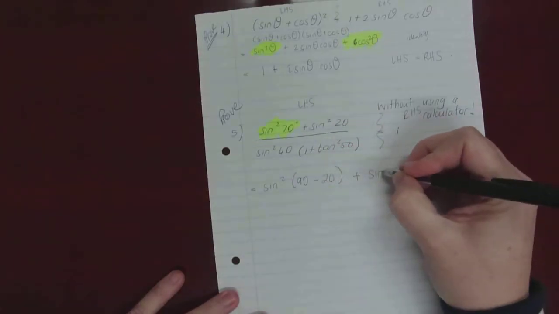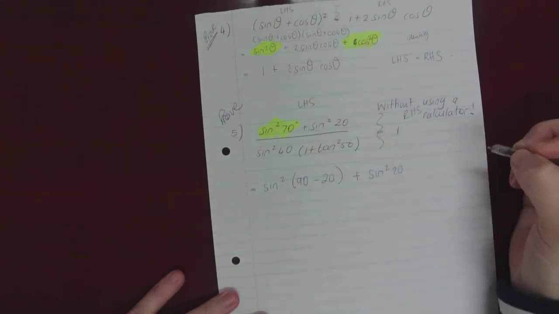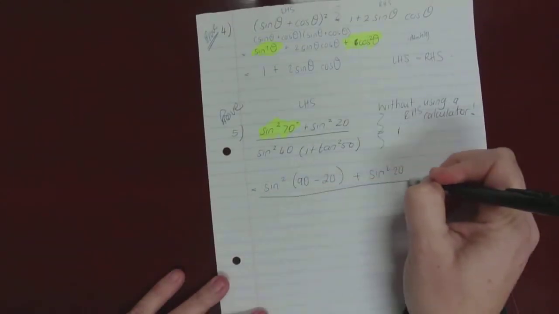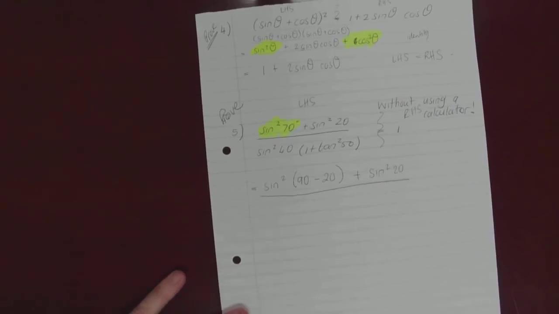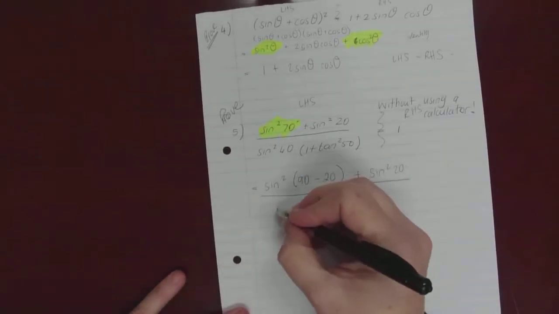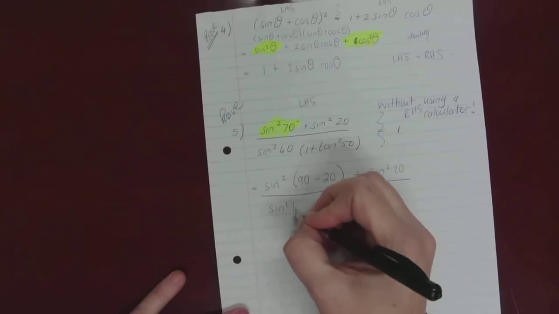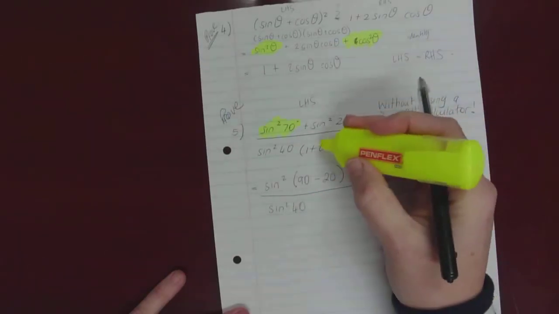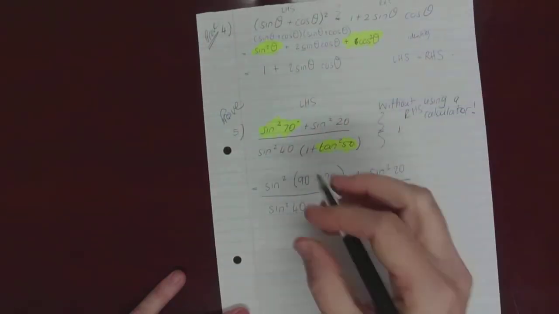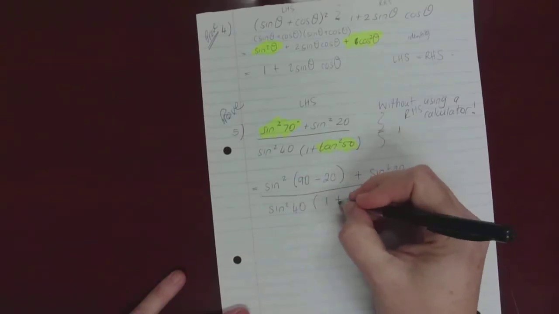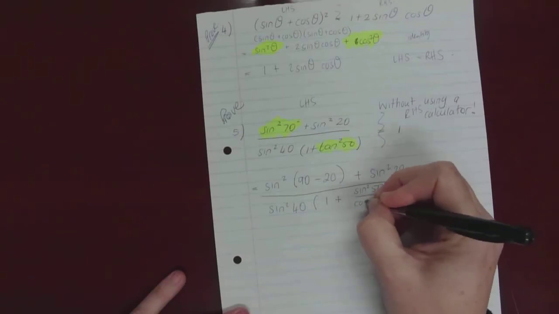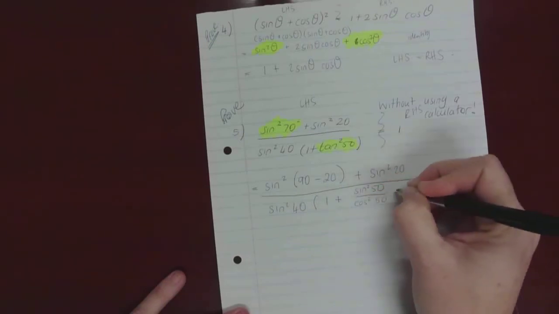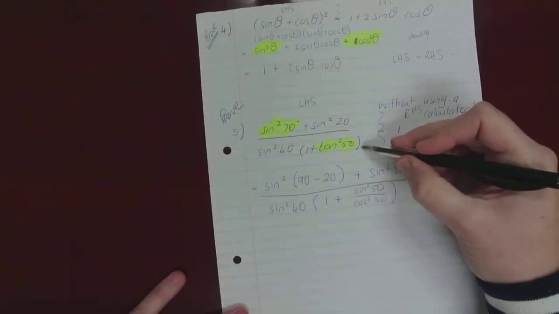I'm going to first leave that 20, sine squared 20 alone. I am going to leave the sine squared 40 for now because I saw a tan. So I can write sine squared 50 over cos squared 50 instead of tan squared 50. Okay.